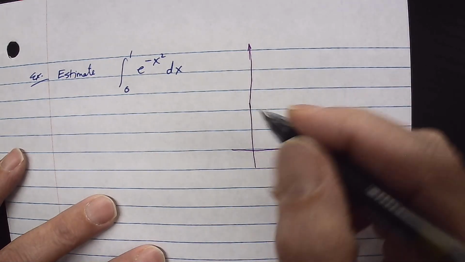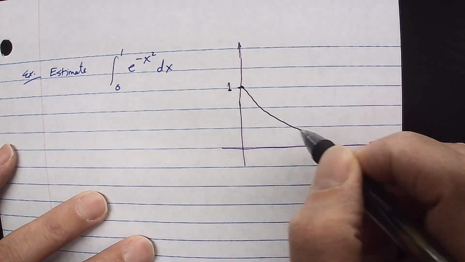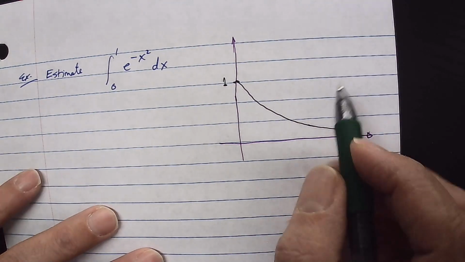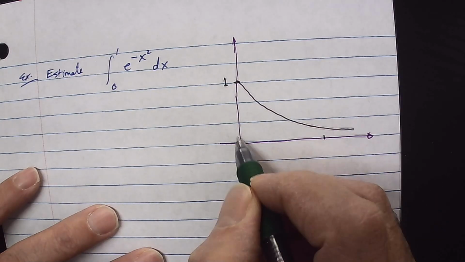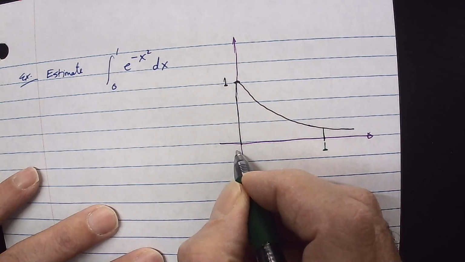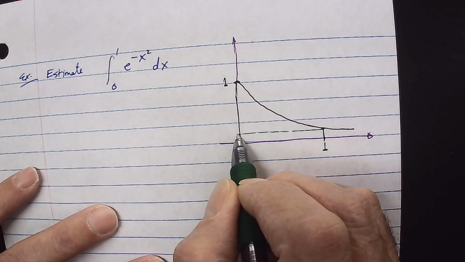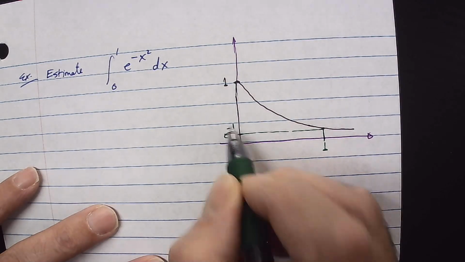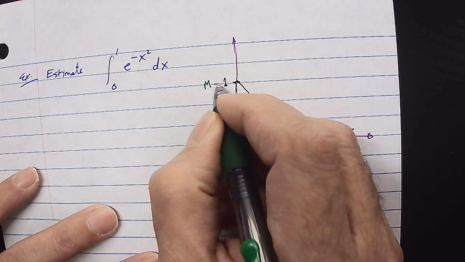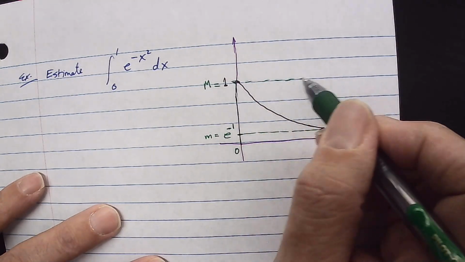So this function starts from 1 and goes decaying like this. If you take the interval from 0 to 1, then this value here is e to the negative 1, let's call it small m, and the 1 here is capital M. So we have three areas now.